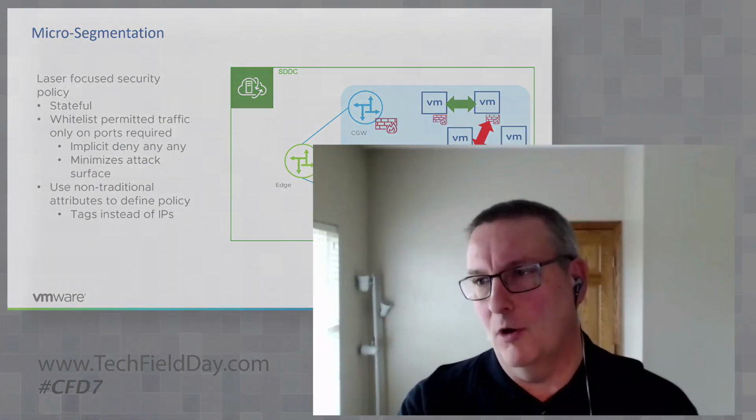So the actual firewall itself, when it's instantiated in the ESX host, is a traditional firewall, right? It's got all 5 tuples of information there. The differentiator being that the policy is defined using tags as opposed to the IPs, right? But we take care of the work so that you're not spoofing and not doing the bad actor type of things behind the scenes. I have a question on tagging.